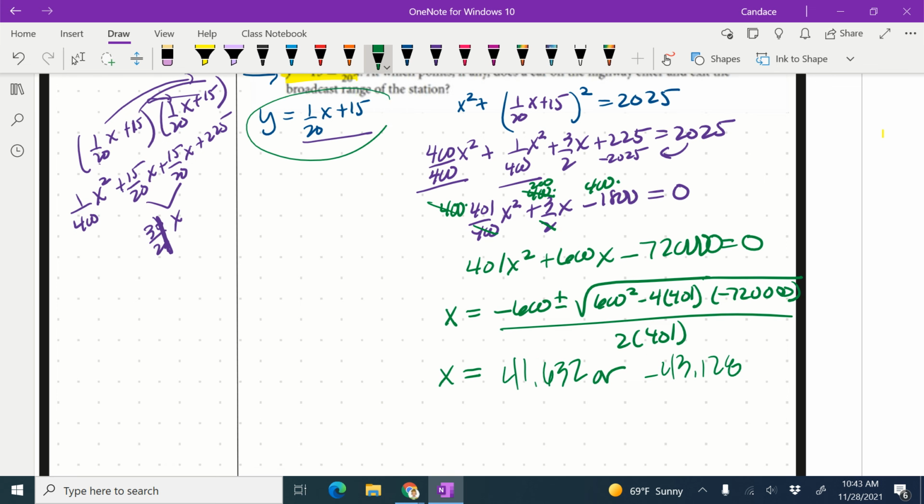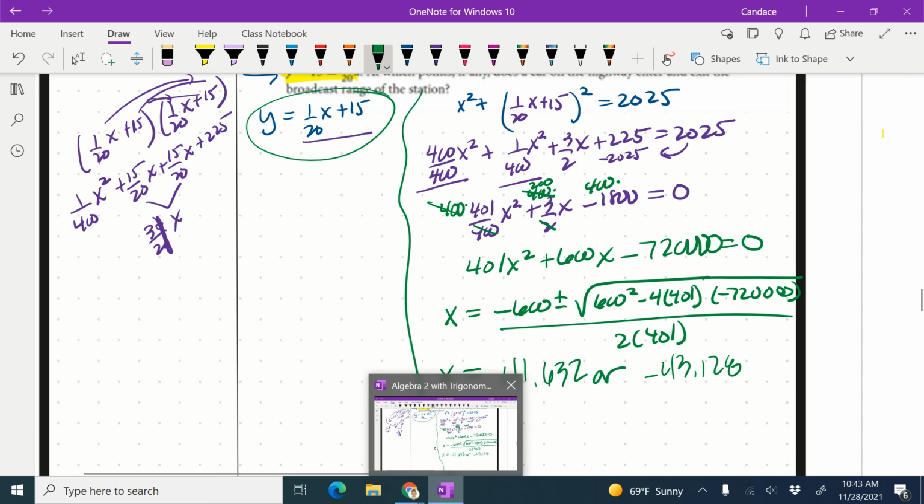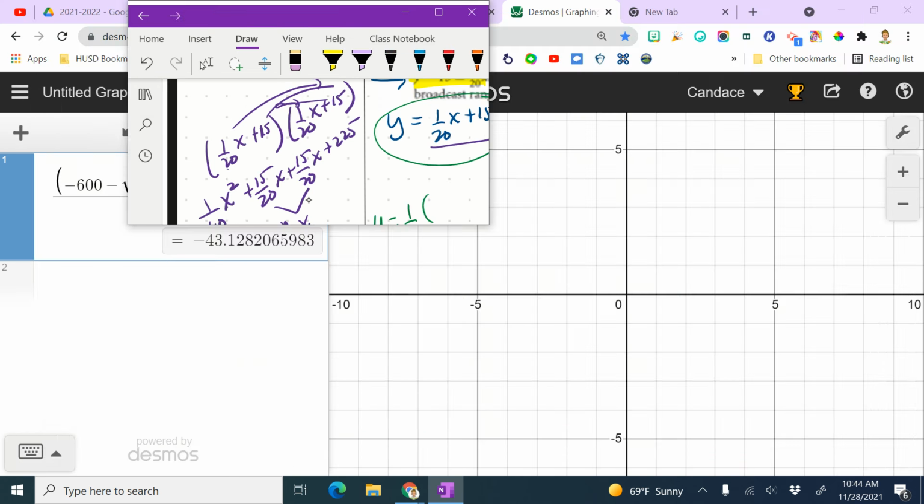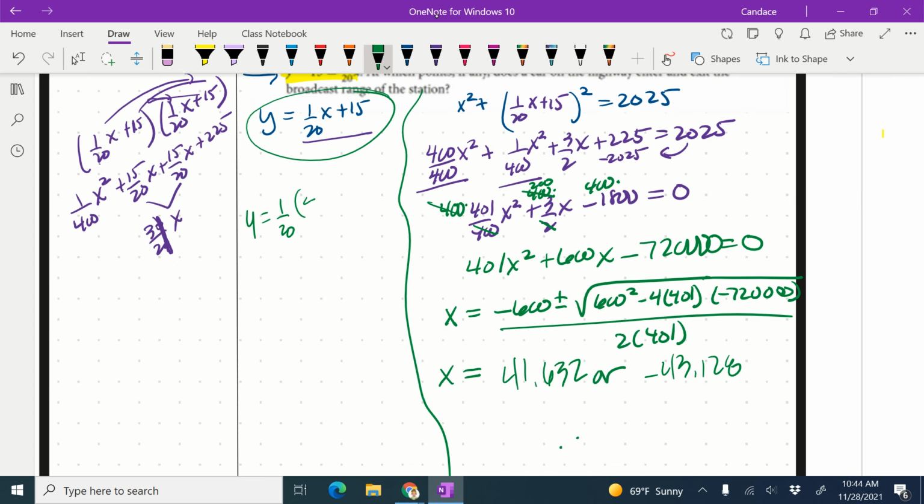I'm going to happen to just be able to go right into here. So I'm going to draw some squiggles here. So I've got y equals 1 over 20 times 41.632 plus 15. So I'm going to figure that one out. And then I also have 1 over 20 times negative 43.128 plus 15.